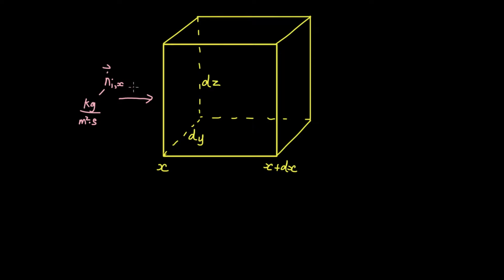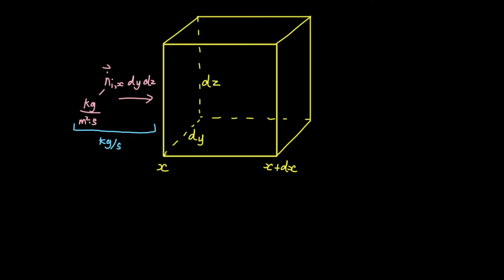If I want to know how much of species i is passing through this little volume, I just need to multiply by the surface area, so this is multiplied by dy dz. The total units here are then kilograms per second of species i passing through this wall on the left.